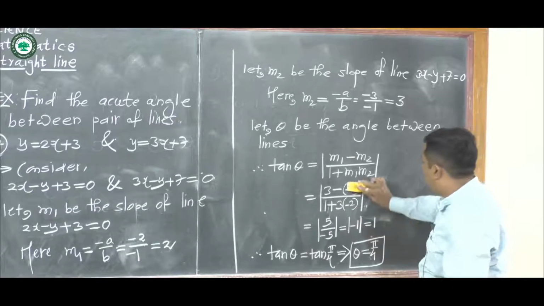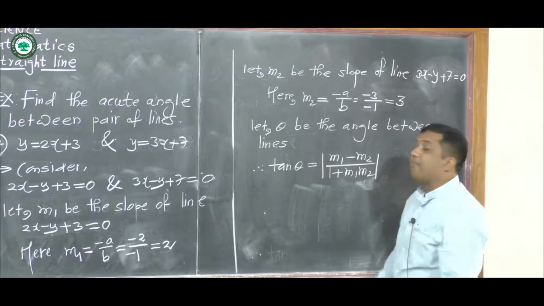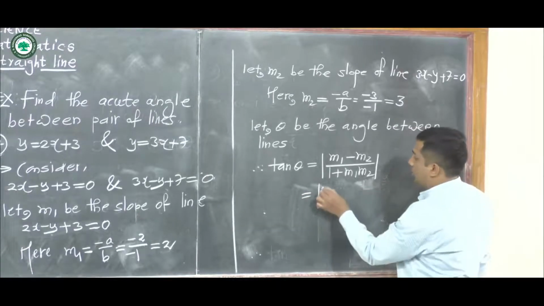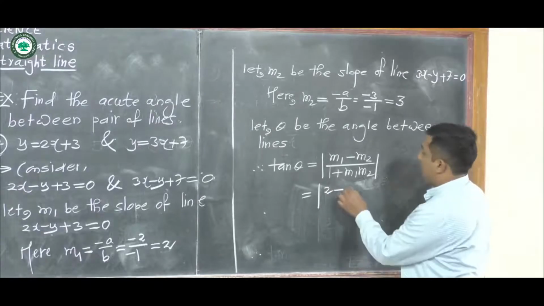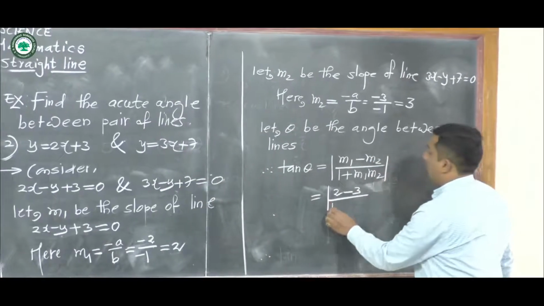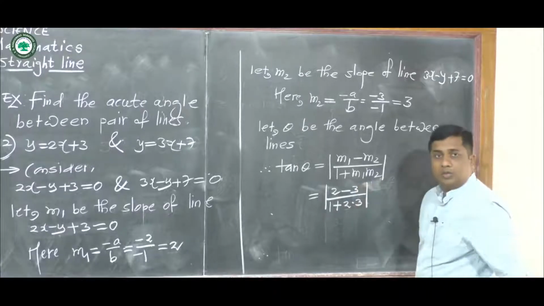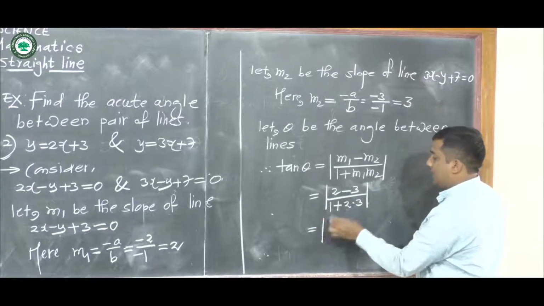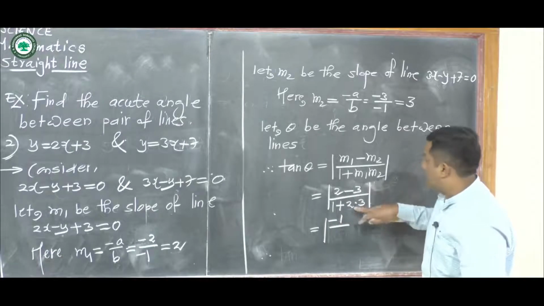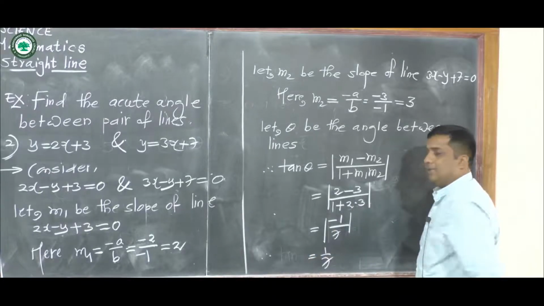So tan theta is equal to mod of m1 minus m2 upon 1 plus m1 m2. This is equal to, inside the mod, m1 is 2 minus m2 is 3, divided by 1 plus m1 is 2, m2 is 3, which is 2 minus 3 is minus 1, divided by, we know 2 into 3 is 6 and 1 plus 6 is 7, and this is equal to 1 by 7.